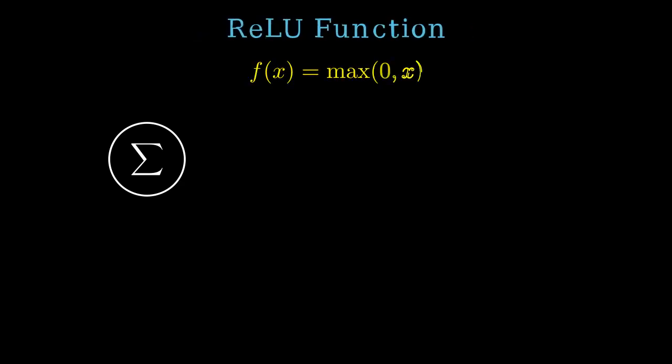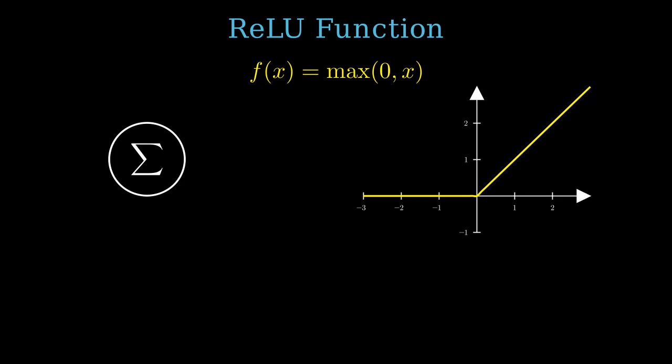After calculating the weighted sums, the network applies an activation function to introduce nonlinearity into the system. In this case, we use the rectified linear unit, or ReLU, function. ReLU is a straightforward but powerful tool. If a value is positive, it stays exactly the same, but if it is negative, it is changed to 0. For neuron H1, the input of 0.8 remains 0.8 because it is positive.